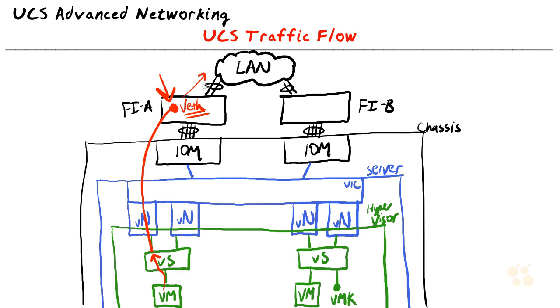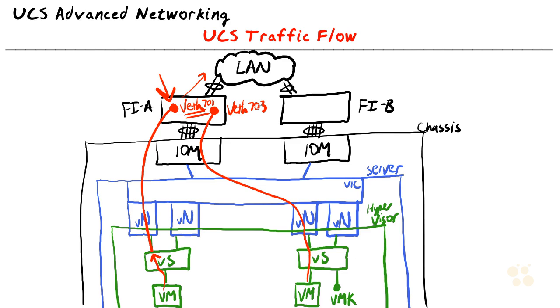Now, what if it needs to go back down into the rest of the networking world? What if this vSwitch and the VM on the right here, let's say this VM goes through a VNIC. We're going to say that's going through Fabric A, and it has its own VETH. Let's say maybe we'll call this 701 and this one 703. So what's a switch do with traffic? Well, it likes to switch it between Ethernet ports, or in our case, virtual Ethernet ports.